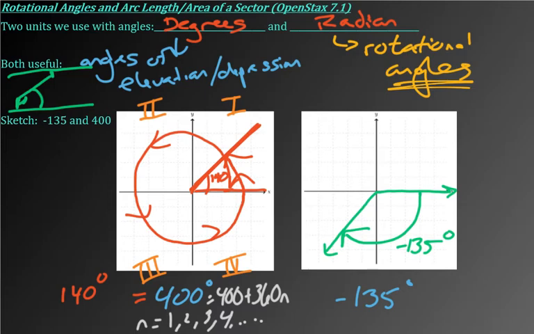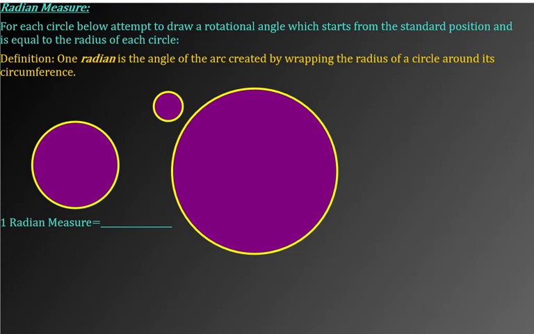And I'm going to make a connection now to that and talk about what this radian thing is, a little more. So this is actually the definition of a radian, okay? But before I read that, I'm going to do this first.